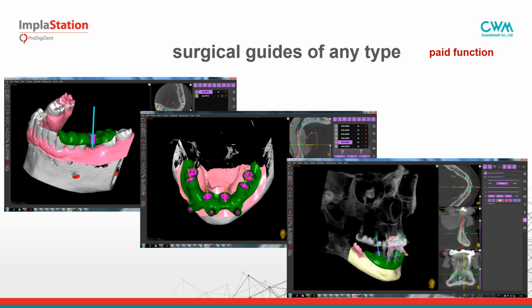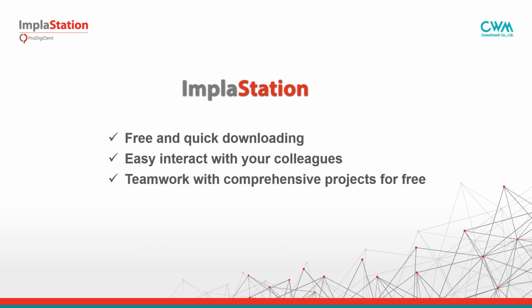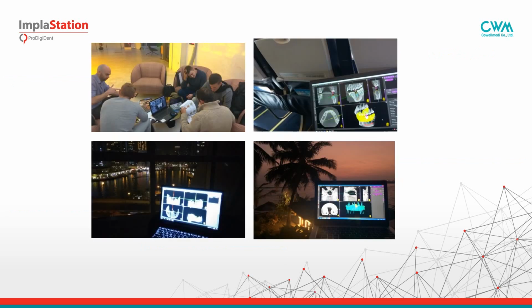Export of surgical guides is a paid function. You may quickly install the program absolutely free and in a few minutes start planning your own case. It helps to organize teamwork and makes it very easy to interact with colleagues.